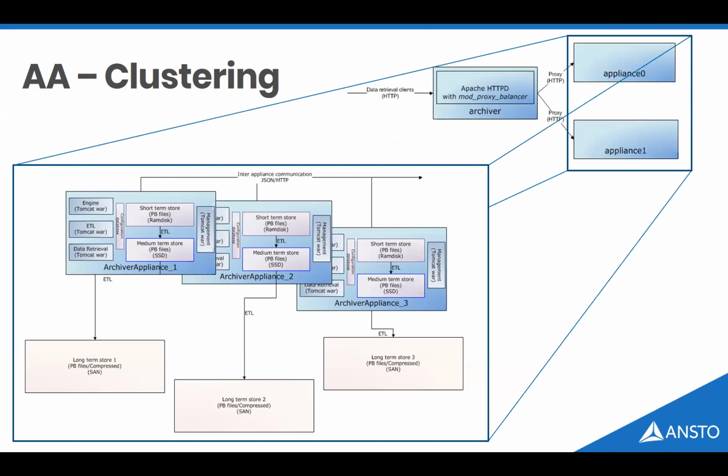So this clustering, this is what they meant by being able to scale up. If you look at this, this is one archiver appliance, and you can have many of them, and then combine them through a load balancer into a single entry point.